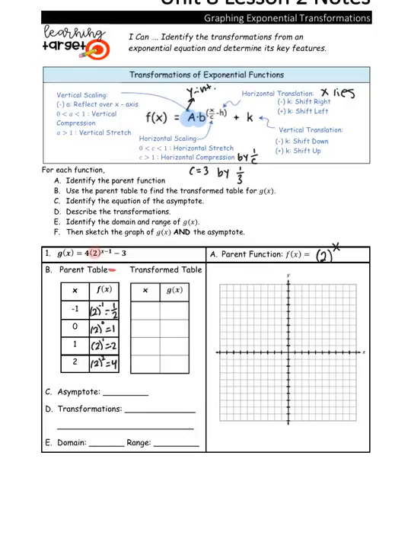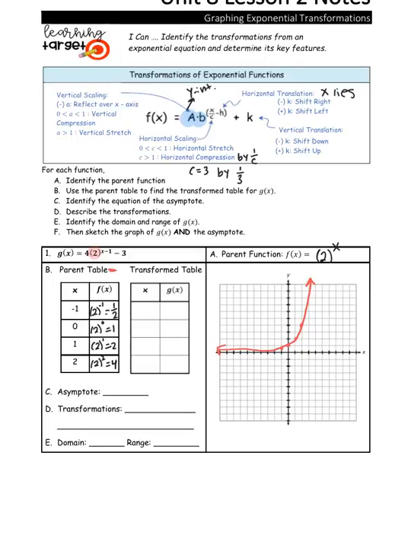I'll do that one in red. Okay, so that's our original parent graph.